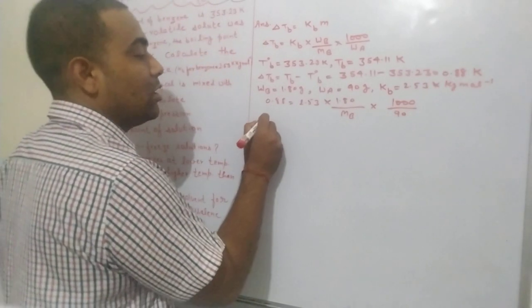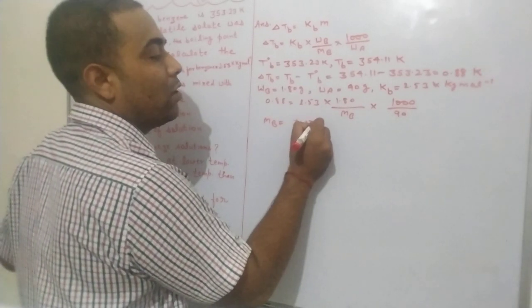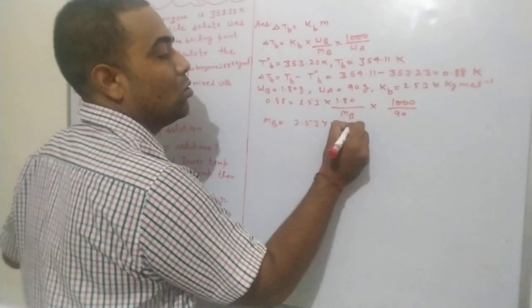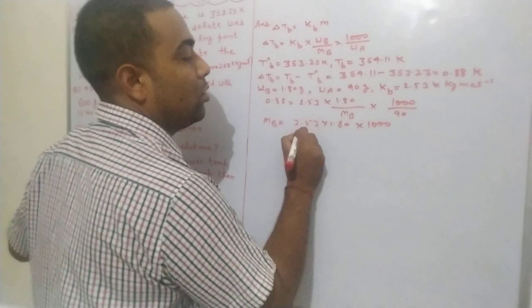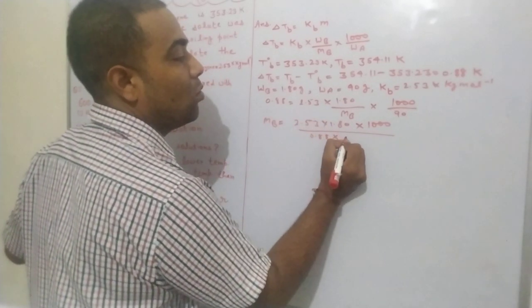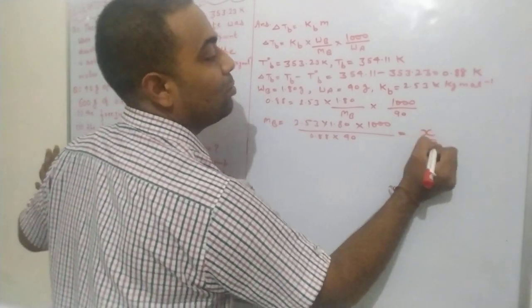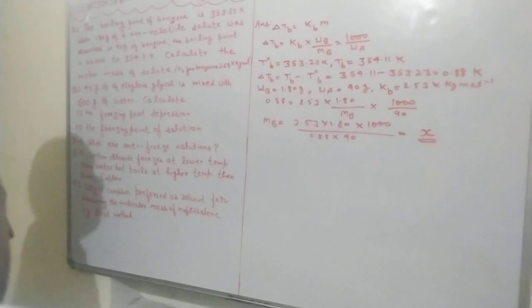From here we can calculate the value of Mb. It will become 2.53 into 1.80 into 1000 divided by 0.88 into 90, and this will be our answer, that is the molar mass of solute. So this is all about question number 1.